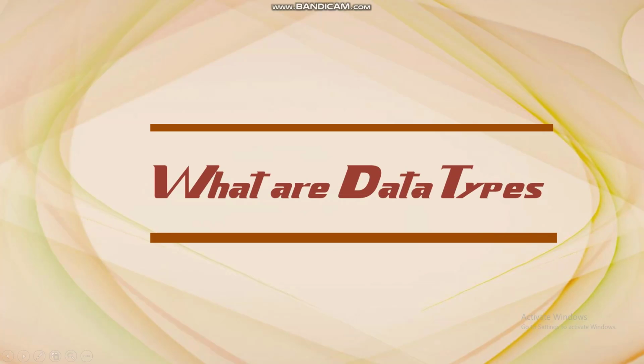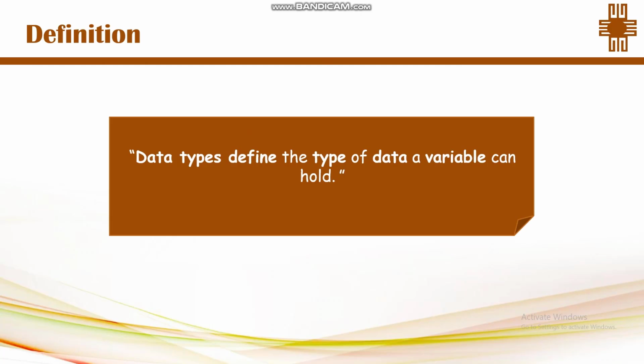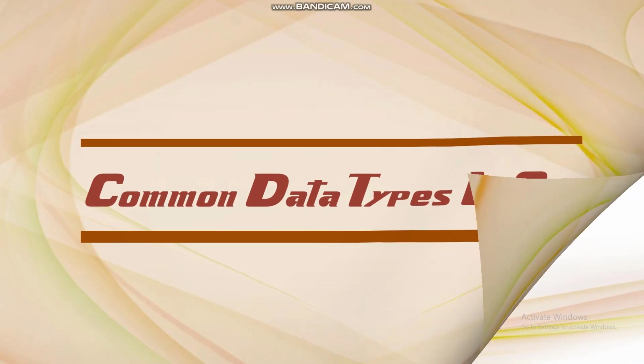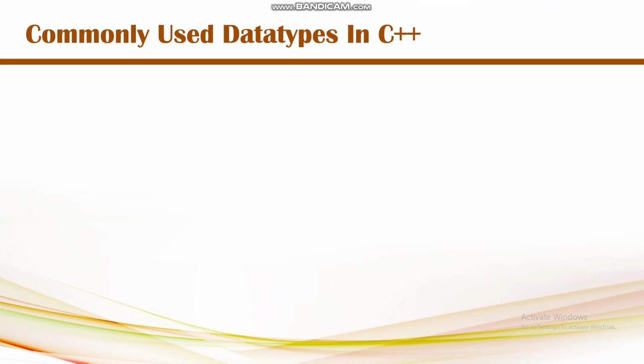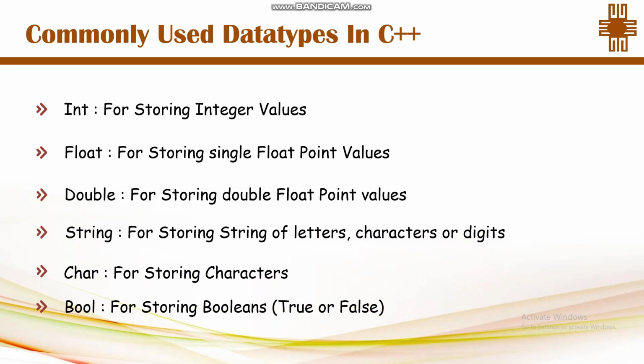Now what are data types? According to the definition, a data type defines the type of data a variable can hold. There are some different data types used in C++, given below. Int for storing integer values, numeric values. Float for storing single floating point values, like decimal point values. Double for storing double floating point values; these also include decimal point values.